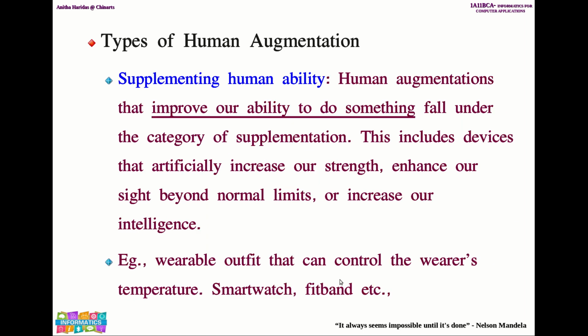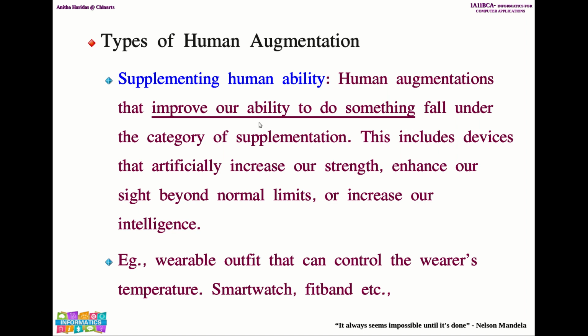These are some of the ways human augmentation restores or replicates the human ability. The second one is supplementing human ability, augmentations which will improve our ability to do something. Say for example your smartwatch, your fitband, right? Or some outfits which can control the temperature. In a cold country or in a very hot area, if you wear that, it will be controlling the temperature.